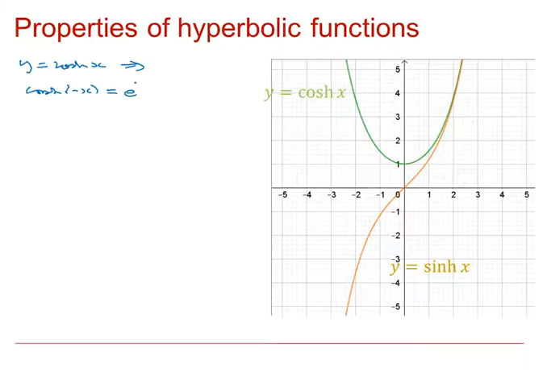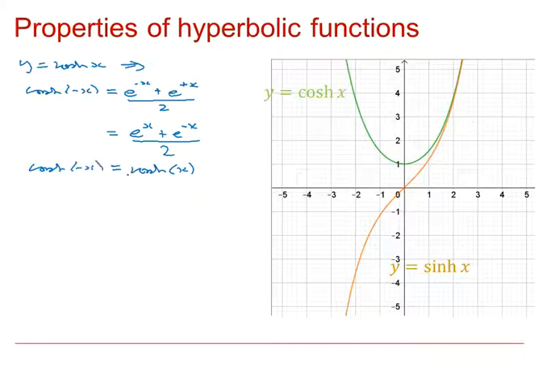So that must be e to the minus x plus e to the x over 2. And with a little bit of rearranging, we can see that we've got e to the x plus e to the minus x over 2 again, which of course is cosh of x. So cosh of minus x is exactly the same as cosh of x, which means it is an even function and it has symmetry in the y-axis.